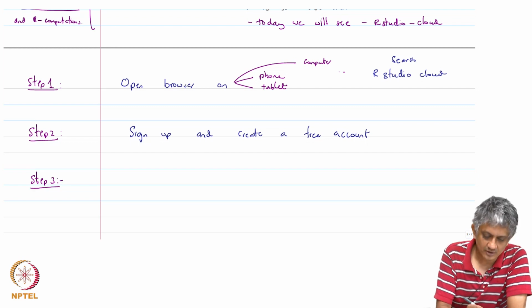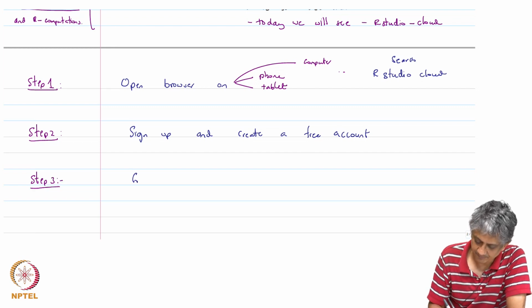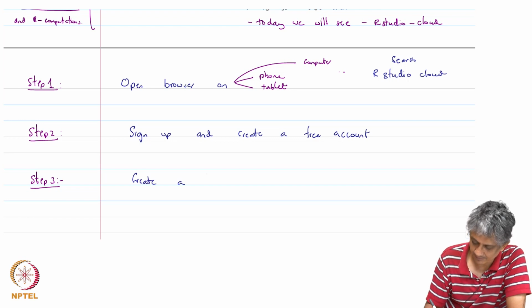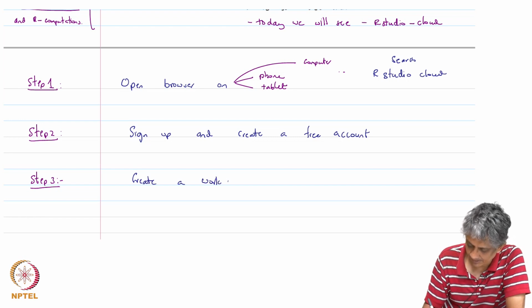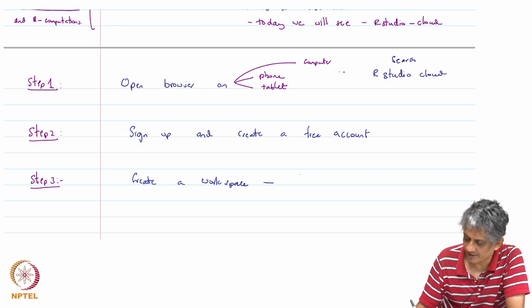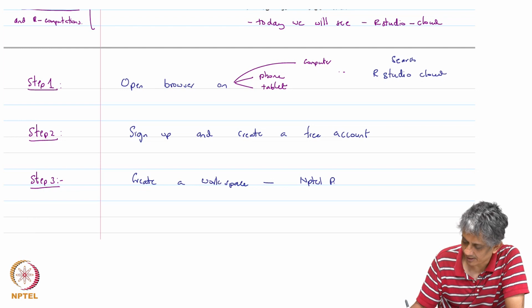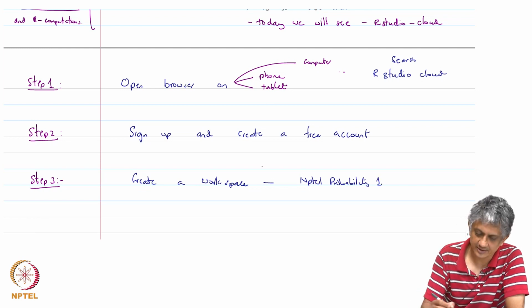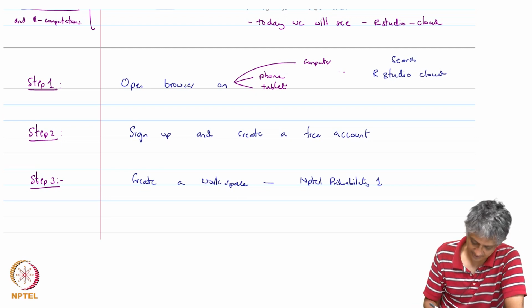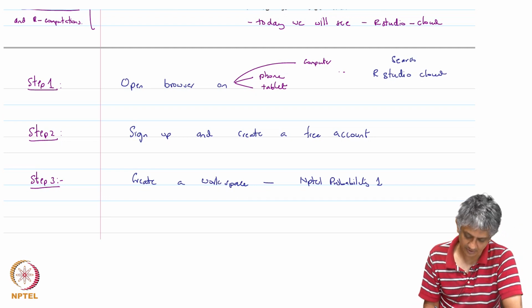Then step 3, you create a workspace. Today I created a workspace called NPTEL probability 1. Let me go to the browser again to check what I called it.